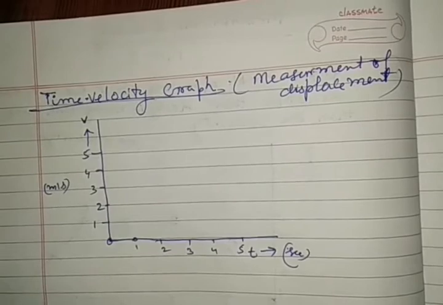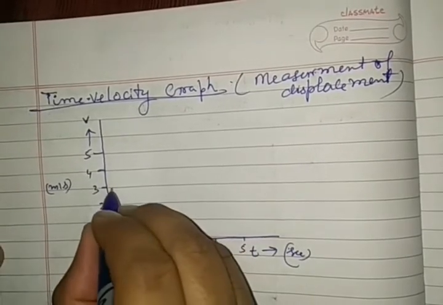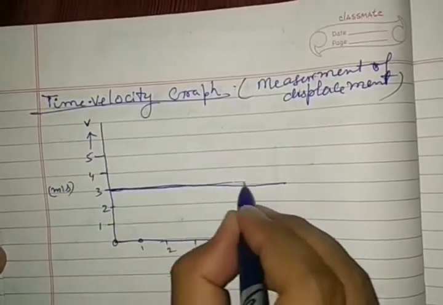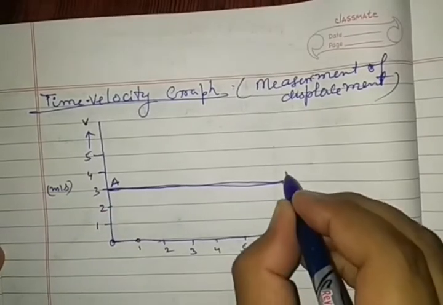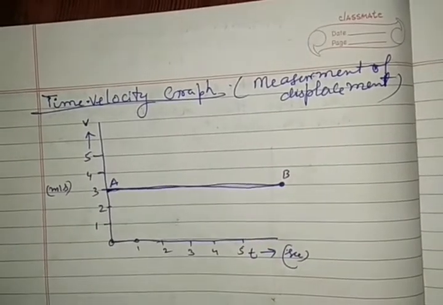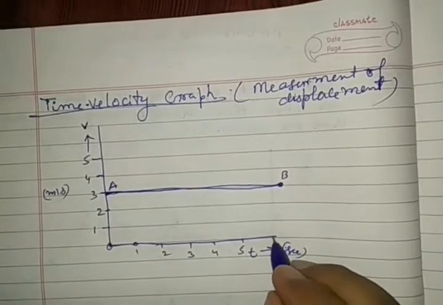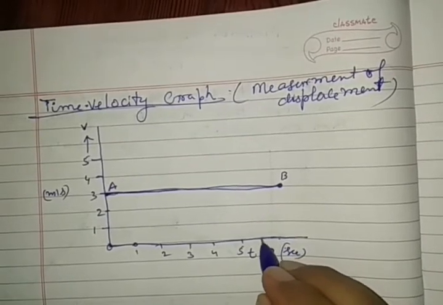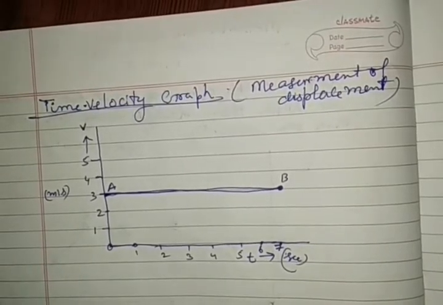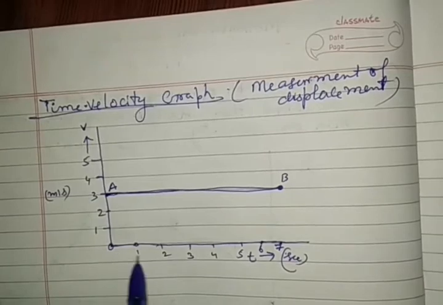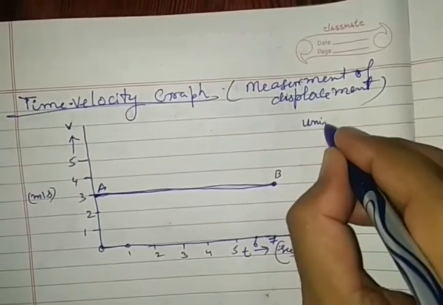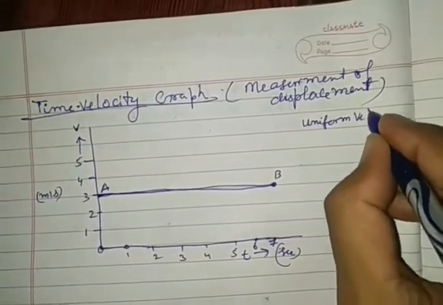If you are getting a graph where the velocity of the object is constant, this is a straight line. Here it is given from A to B. See very carefully here in this case. In velocity time curve, if with increase in time velocity is constant, it means the body is moving with uniform velocity.